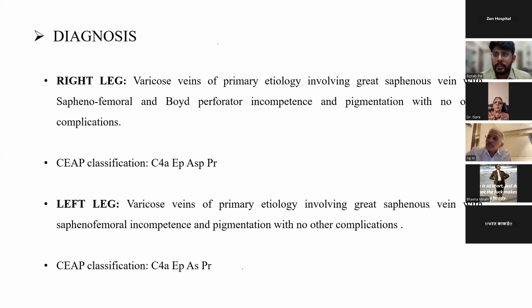It is a champagne bottle shaped appearance of the leg. And corona phlebectatica? There will be fan-shaped telangiectatic veins present over the ankle region. So what does the patient have? Only hyperpigmentation? Yes, ma'am. Okay.